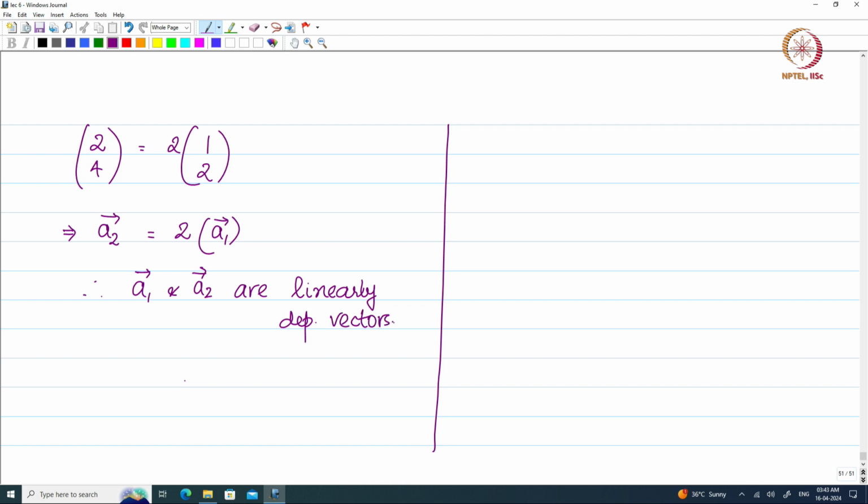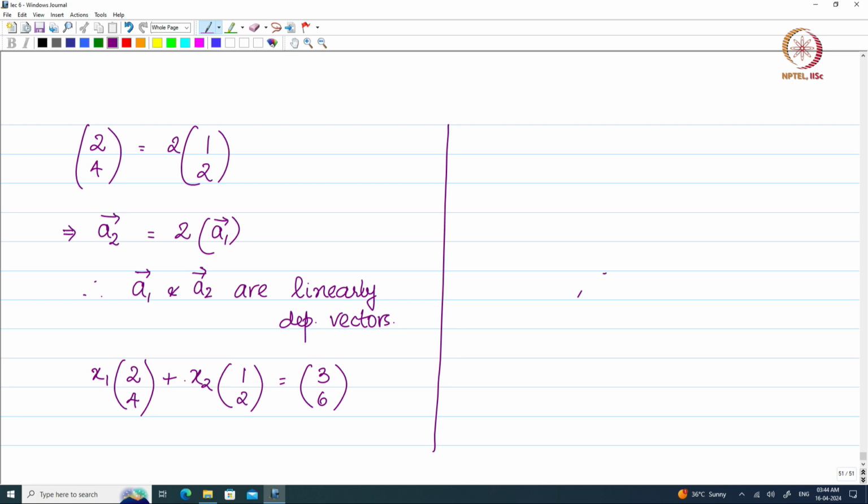And incidentally, we also see that the vector 3 6 is along the same direction. So, here again we are going to have x1 into 2 4 plus x2 into 1 2 gives me 3 6.